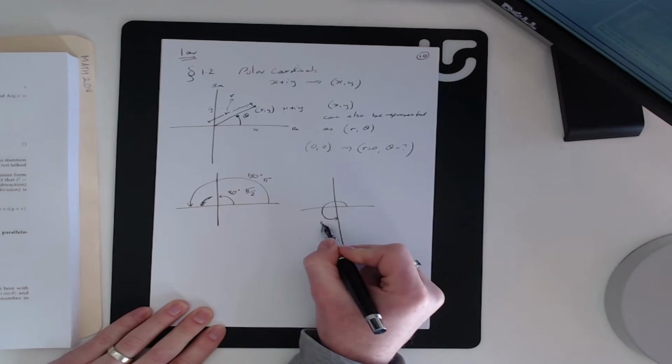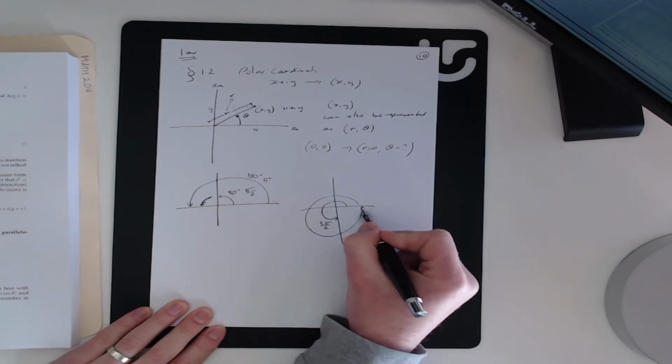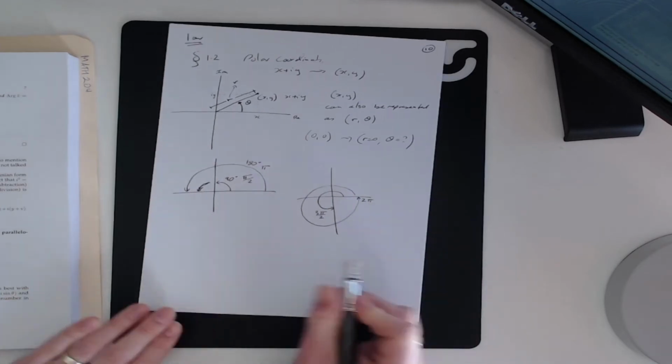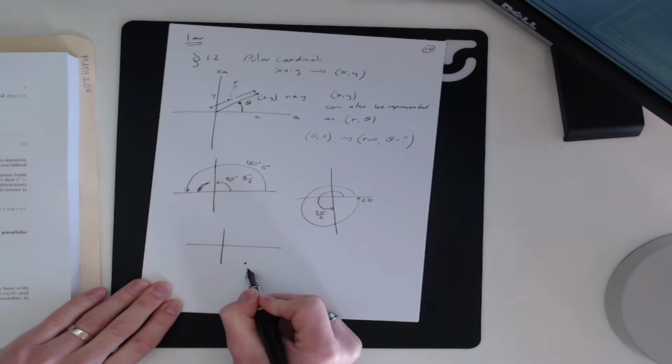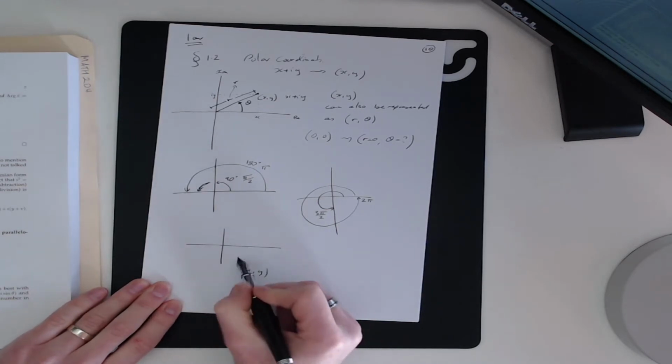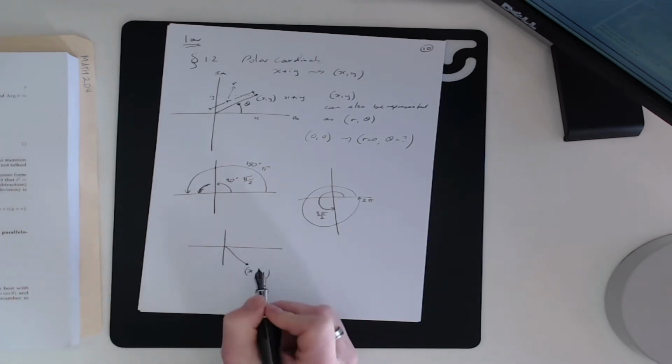Right, 3 pi over 2. So let's consider a point over here. I'll write it as x, y, so y is going to be negative. We can consider this line here, the line that we're talking about.